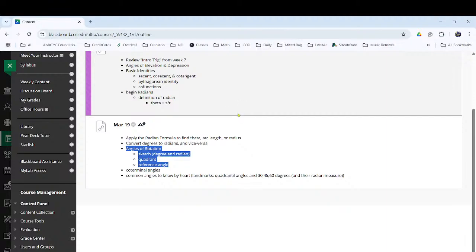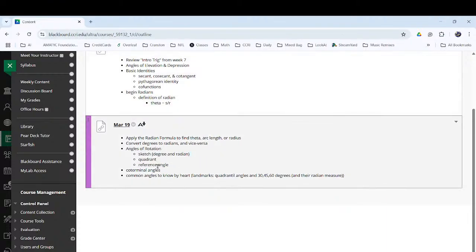You would sketch a clockwise rotation more than one time around. You would know what the reference angle is. You could say an angle that's coterminal to it by adding 360 or subtracting 360. And if it was in radians, you would add or subtract 2 pi.